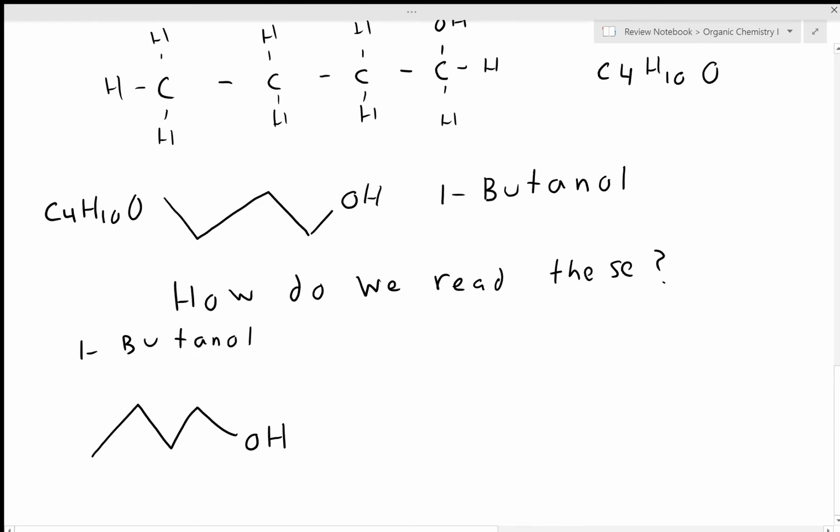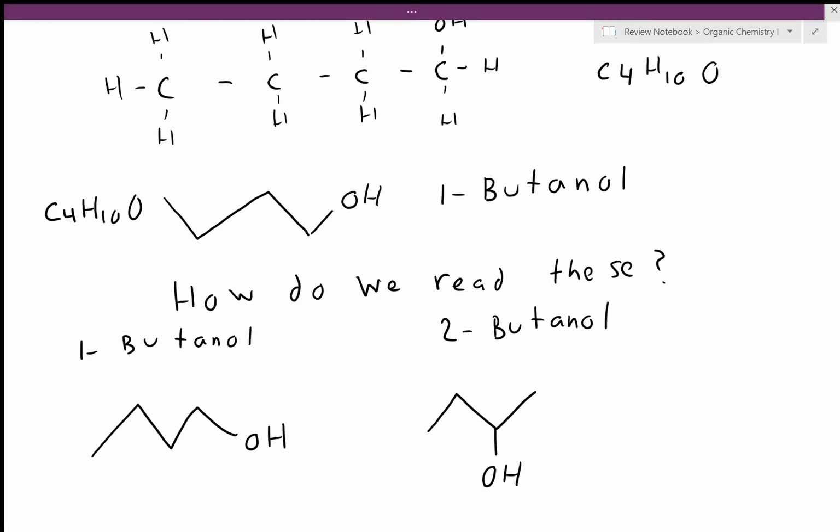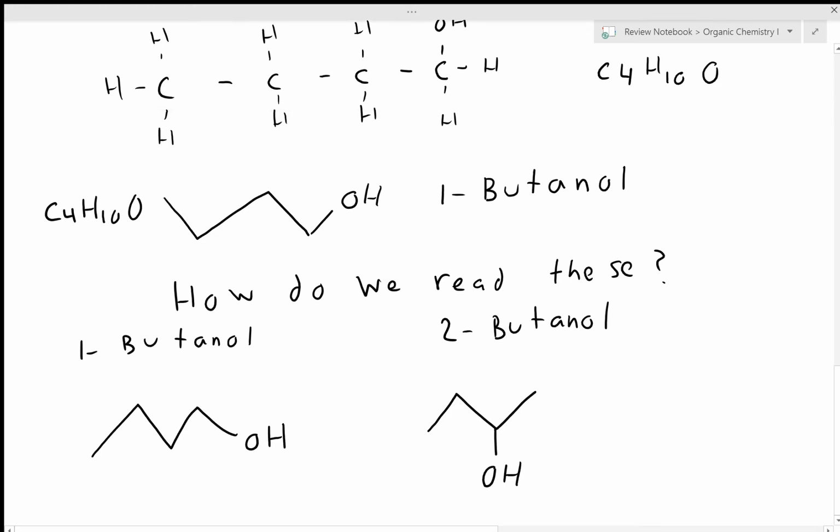Sorry, just starting this chemistry thing again. 4 C's and 2-butanol. So just to get you used to it, we count the carbons. We would count them 1, 2, 3, 4. We're not getting into naming yet, but that's how you get your 1. It's connected there. And then you have 1, 2, 3, 4.